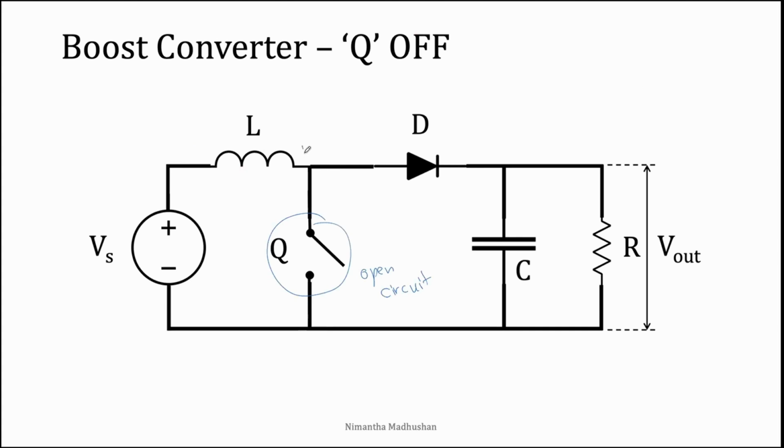Now it changes polarity to the other direction, minus and plus. This point is A, this point is B. Now the inductor releases its stored energy, and Q is an open circuit.